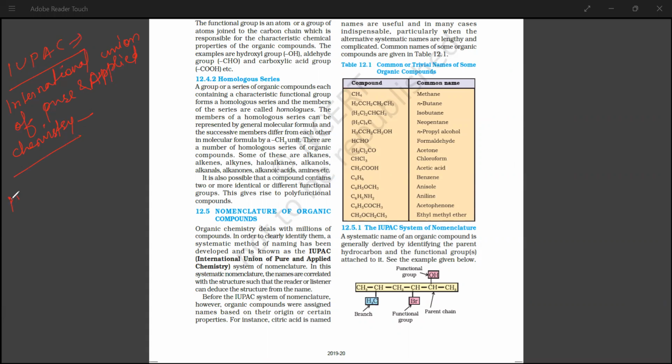What is the meaning of pure chemistry? Pure chemistry means bookish chemistry. And what is the meaning of applied chemistry?